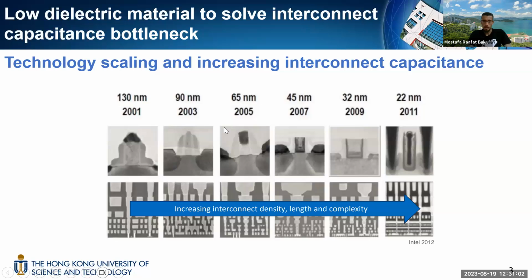First, here we explain why we need low K dielectric material. With the continuous scaling process for CMOS technology, the transistor density is increased and the complexity is also increased, and the interconnect density is increased with the continuous scaling.